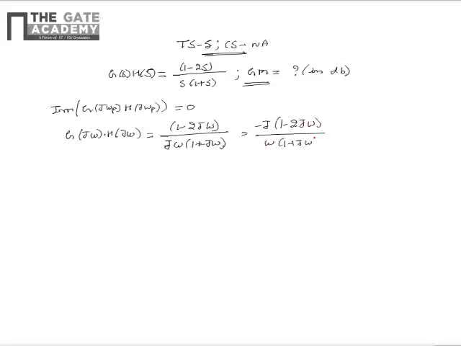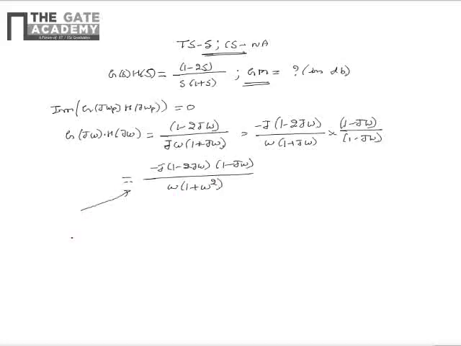Let us multiply and divide by (1 minus j omega) so that only the numerator will have the imaginary part. So based on this, the quantity can further be simplified as minus j multiplied by (1 minus 2j omega) multiplied by (1 minus j omega) divided by omega multiplied by (1 plus omega square).